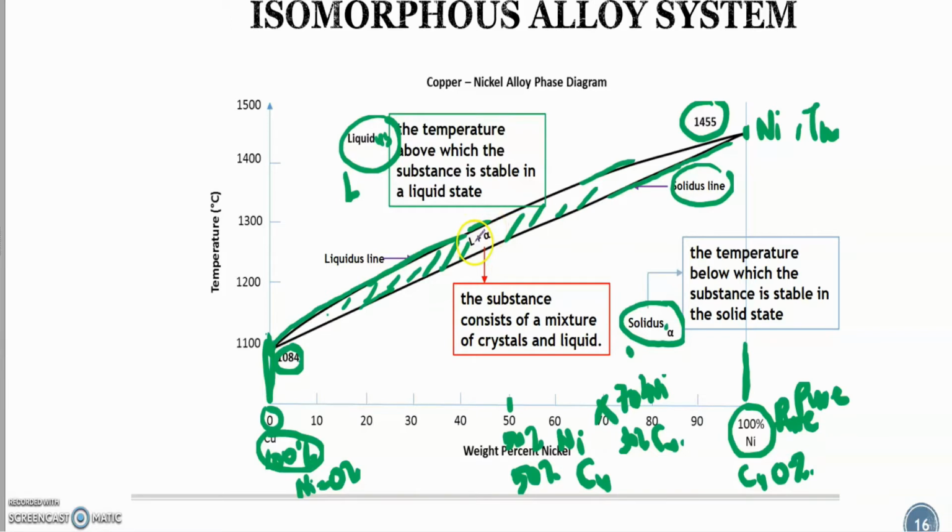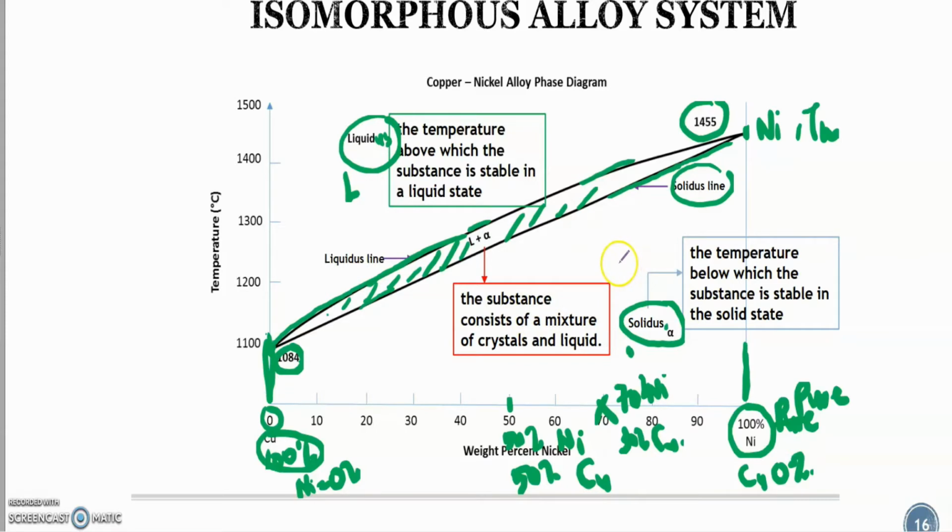While two phases, L plus alpha, dia adalah liquid solution mixed with alpha. Alpha dalam FCC solid solution of copper and nickel. Yang kat bawah ni pula adalah solid phase, di dalam bentuk pepejal.